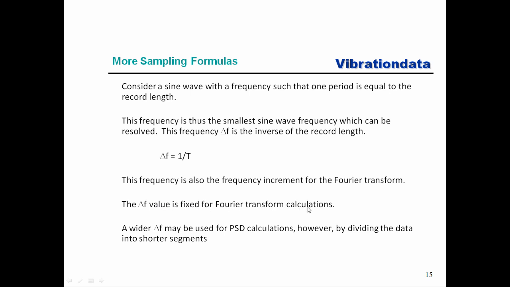Now, just to get through the next couple of slides, I'm going to say that when we take a time duration and take a Fourier transform of it, we're just going to take a single Fourier transform for that whole time duration.